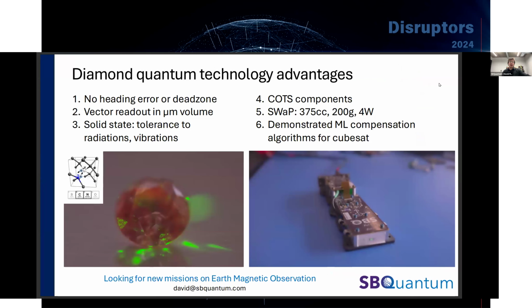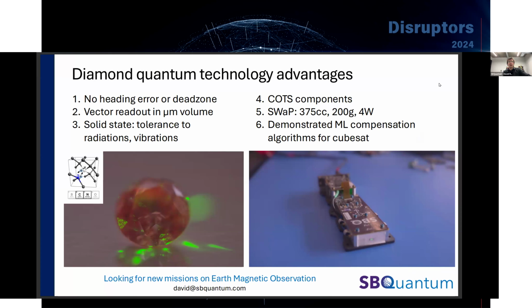So I thought you would be interested in some of the technology advantages. When we compare to atomic vapor magnetometers, which are total field magnetometers, basically the NV center magnetometer advantage is to provide the vector measurement in a very small volume and based on quantum, thereby reducing drift.